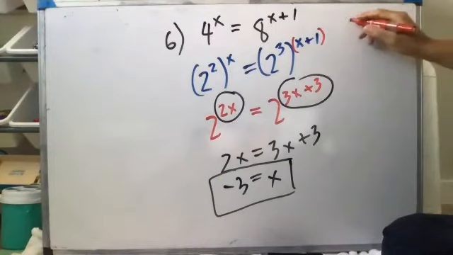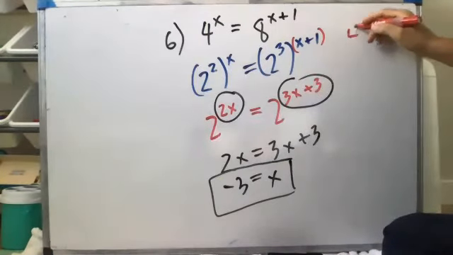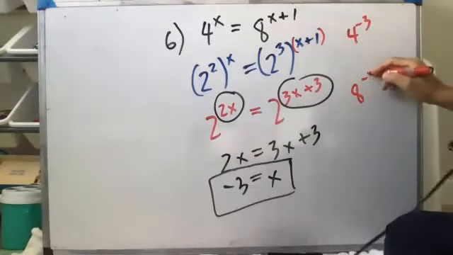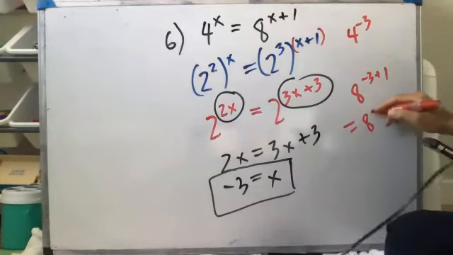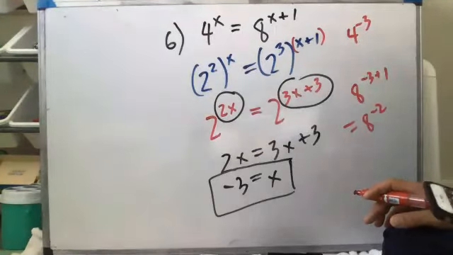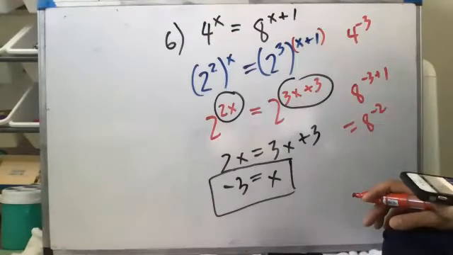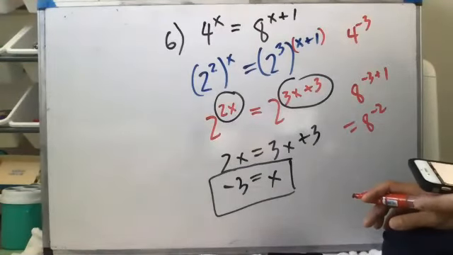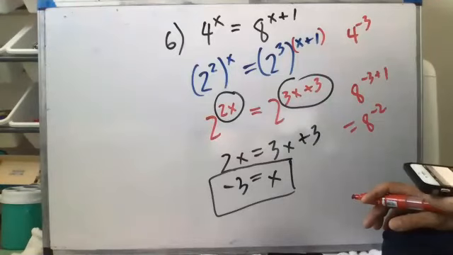Let's just make sure that we have the right answer. So what happens if I plug in negative 3? 4 to the negative 3. And I have 8 to the negative 3 plus 1, which is 8 to the negative 2. Is that right? Yeah. 4 to the negative 3 is 0.15625.